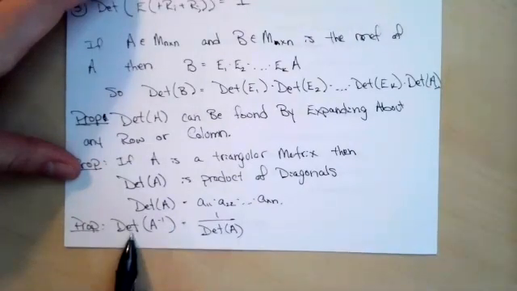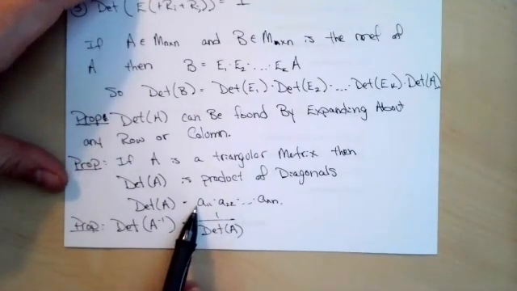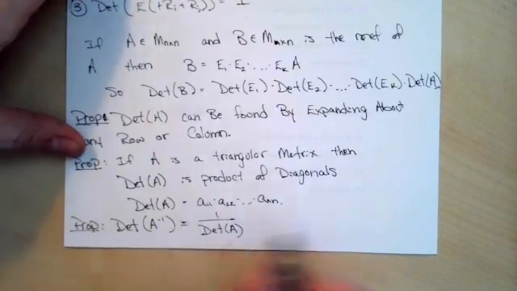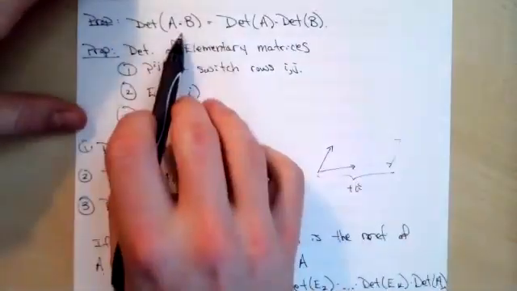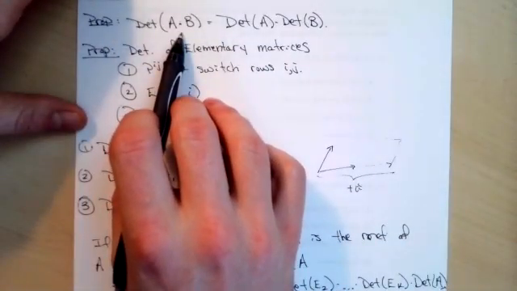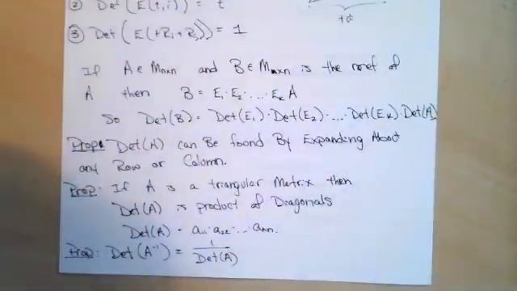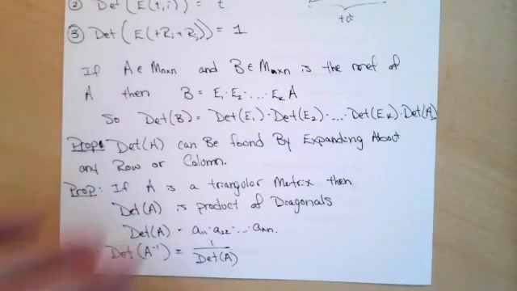The determinant of the identity is going to be 1. So that forces that these determinants are multiplicative reciprocals of each other by the multiplication property. Any questions?